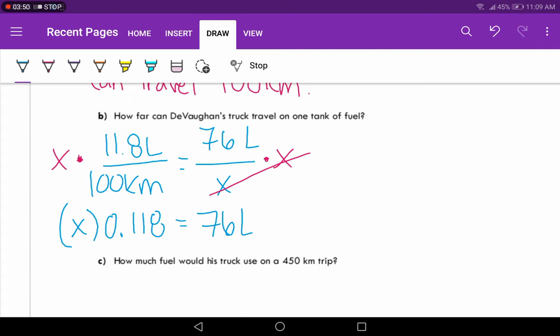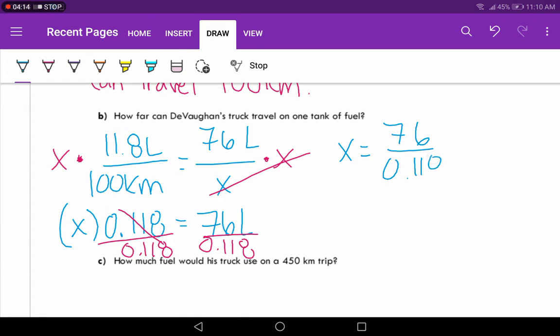So remember, again, we're solving for x, so our goal is to get x all by itself. So in order to get rid of this 0.118, because we're multiplying, we have to do the opposite, which is to divide. Once we divide those, they will cancel. What we do to one side, we have to do to the other. So we are left with x equals 76 divided by 0.118. Carry out that division, we get 644.